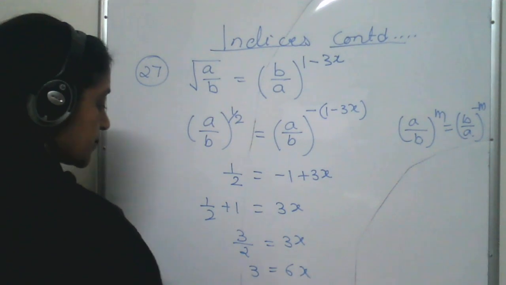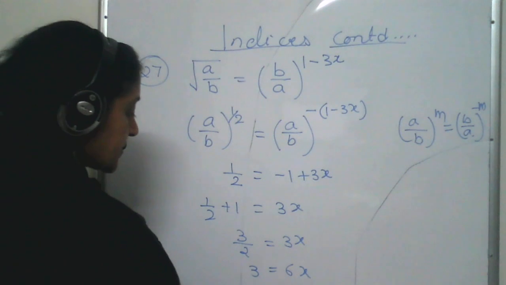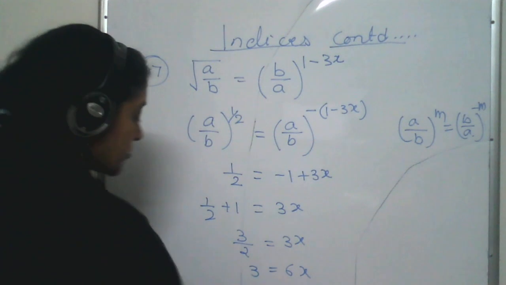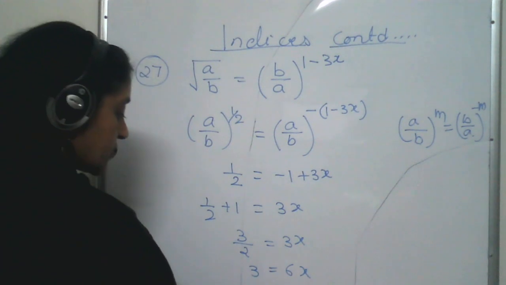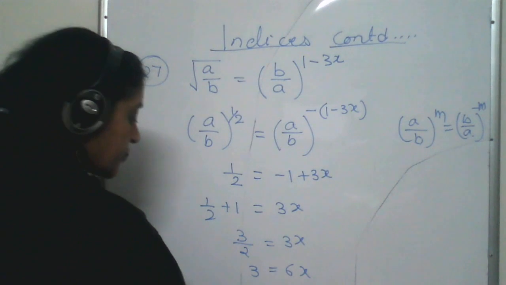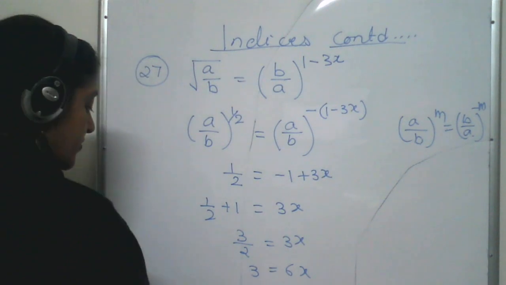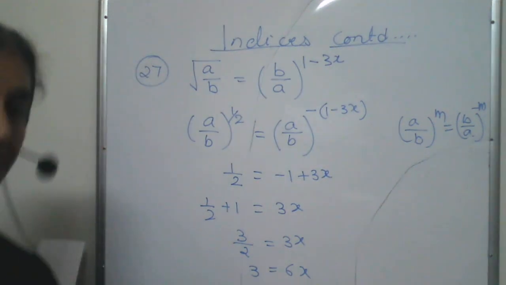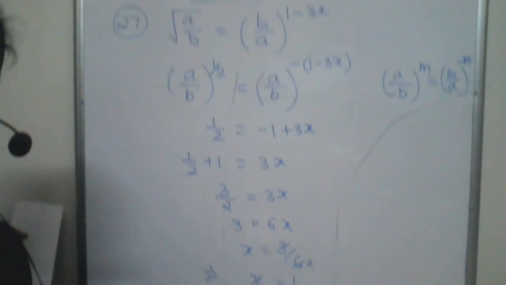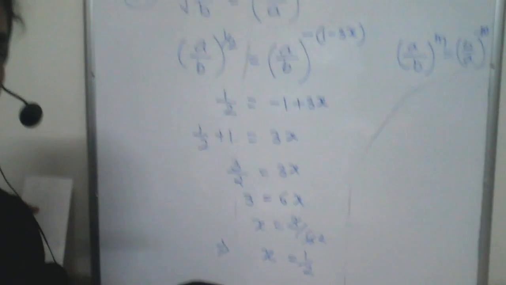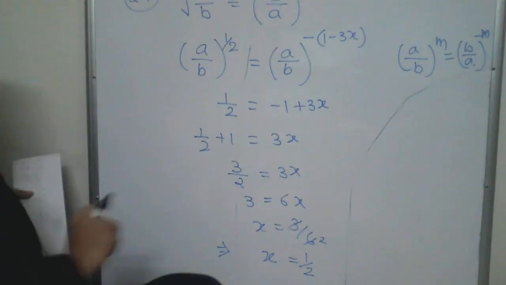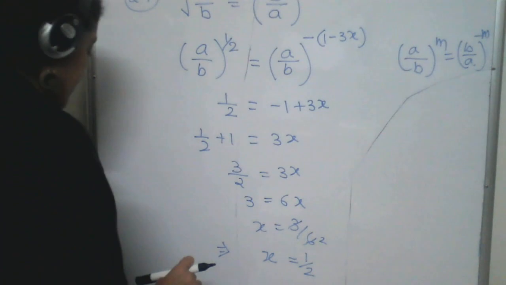Now x is equal to 3 by 6, that is 1s and 2s. So x is equal to 1 by 2. This will be your final answer.